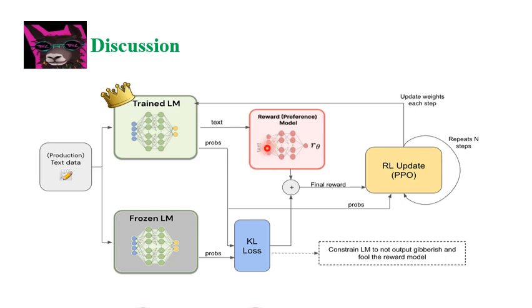In DPO, we don't use an explicit reward model. We use the offline dataset, and we directly optimize the policy with respect to this offline dataset. In DPO, instead of the KL loss, we have a cross entropy loss. So we have a cross entropy loss, and we don't have this reward model.